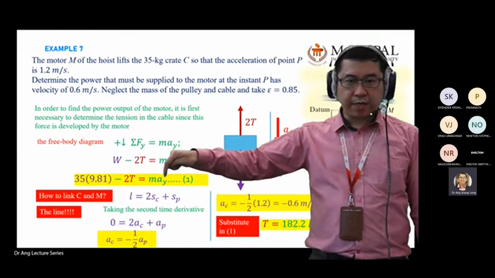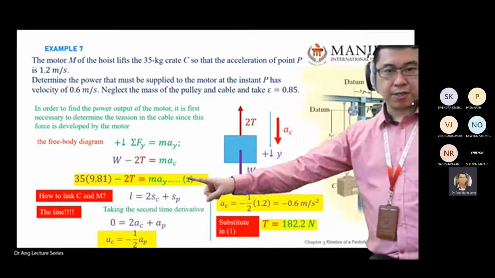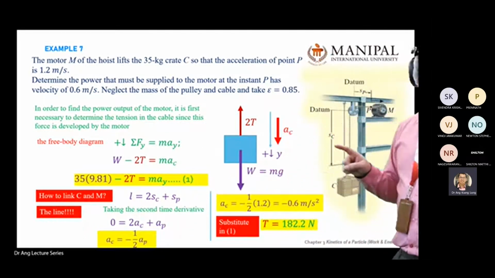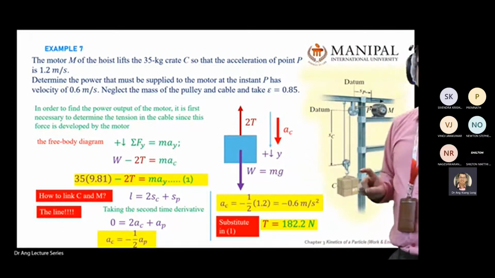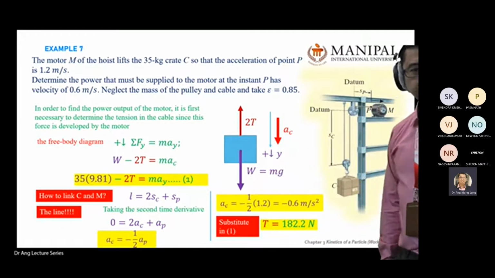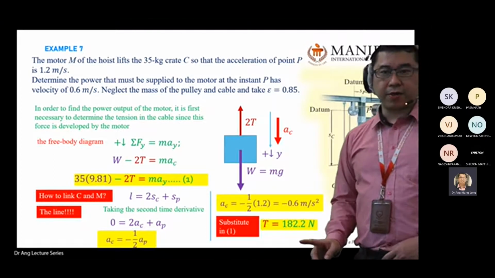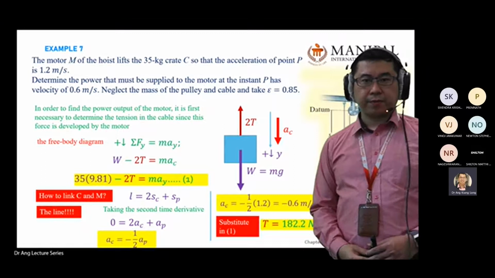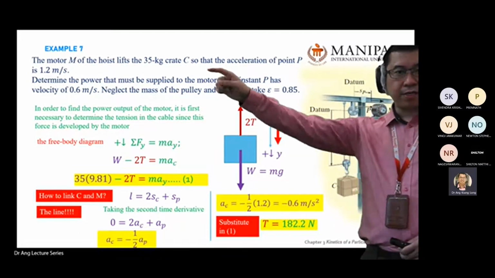So this AY here actually is AC, because this equation is referring to the object C here. So from here we solve for our tension. But the question asks us to solve for power.